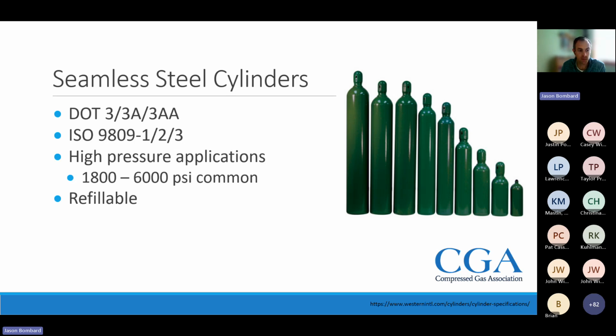Physically, they look very, very similar, if not the same. They're also made to an ISO spec. They could be made to an ISO 9809-1, 2, or 3. And these are very common in your high pressure applications. Typical pressure ranges for these, they're rated for 1800 to 6000 psi. These are refillable cylinders.